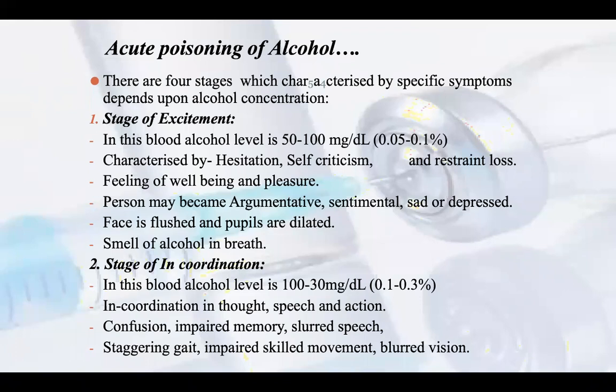Stage 2 is a stage of incoordination. In this, blood alcohol level is 100 to 300 milligram per deciliter. Incoordination of thought, speech, and action, confusion, impaired memory, slurred speech, staggering gait, impaired skill and movement, and blurred vision are also reported.